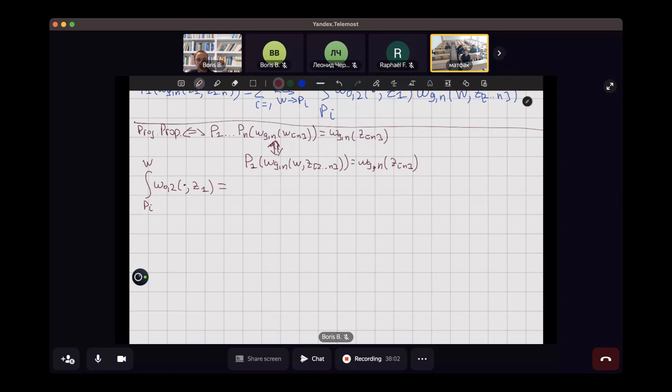Okay, and then you should take the residue of omega g,n of w, z2, etc., zn, with w, p1.